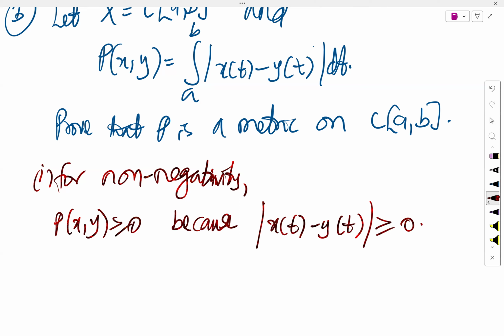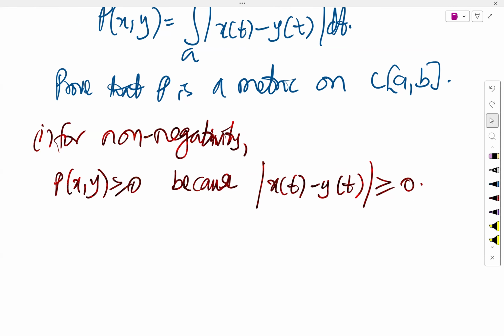So the metric itself is automatically greater than or equal to 0. That's easy peasy.